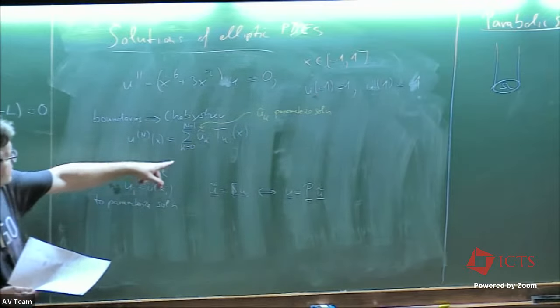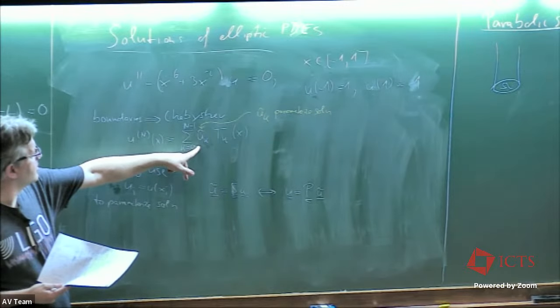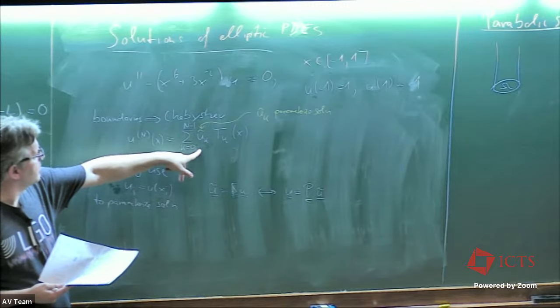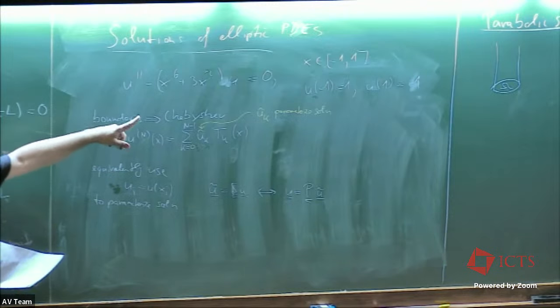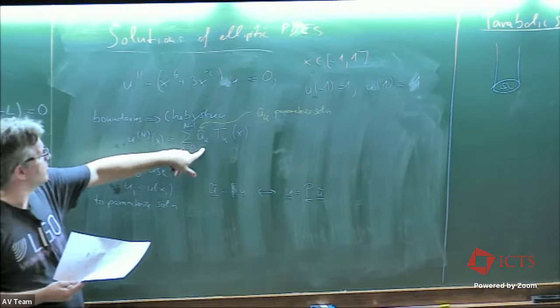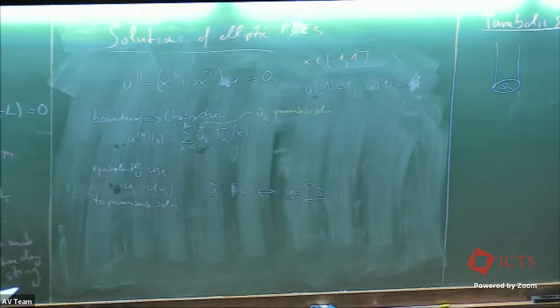Whereas if we had used the spectral coefficients, because the boundary condition is in real space, it would be a much more complicated function of all the spectral coefficients. It can be done, it's not that big of a deal, but it's just a little bit more convenient using the real space values.